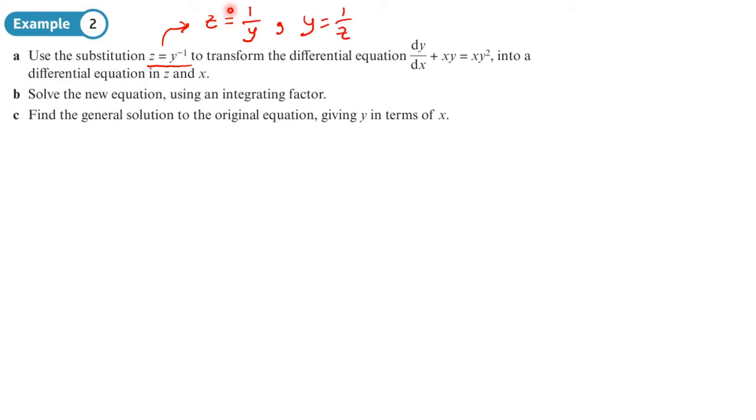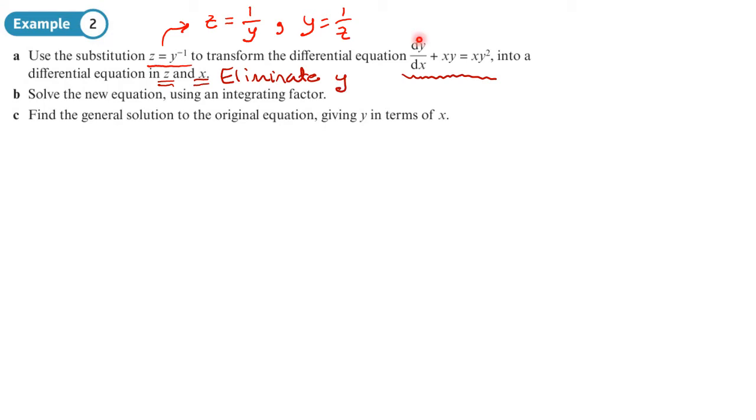I'll definitely need this one, may or may not need this one, to transform this differential equation into a differential equation with z and x. So if it's just z and x, that means that I need to eliminate y. I need to get rid of y.